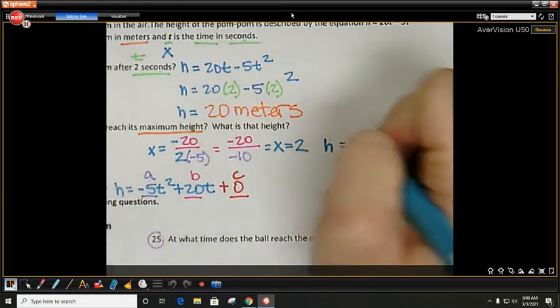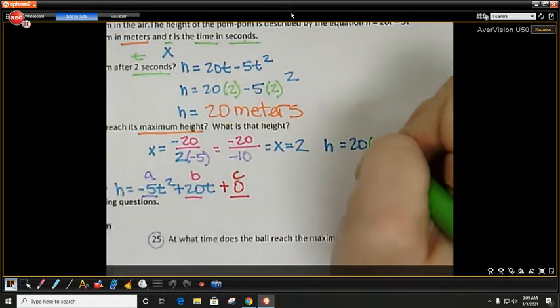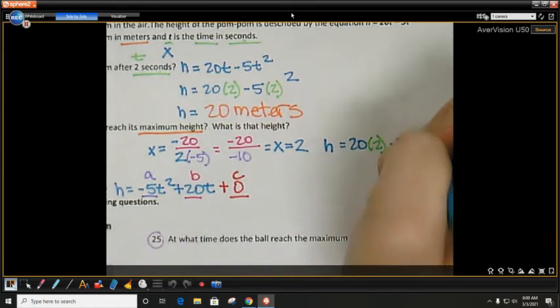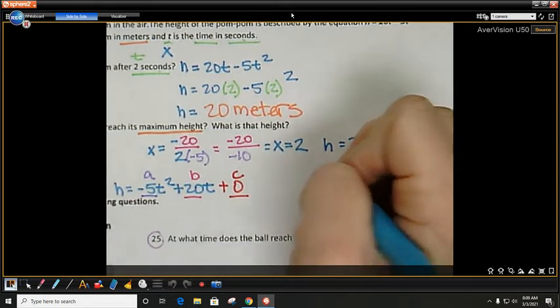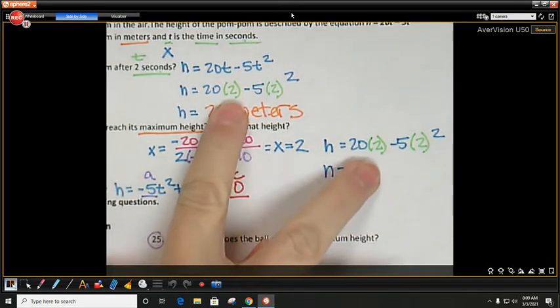So I have h equals 20 times 2 minus 5 times 2 squared. If you look up here, aren't these the same exact things?